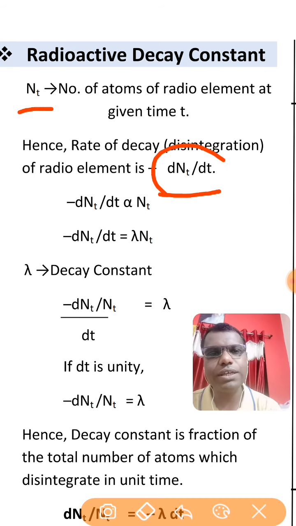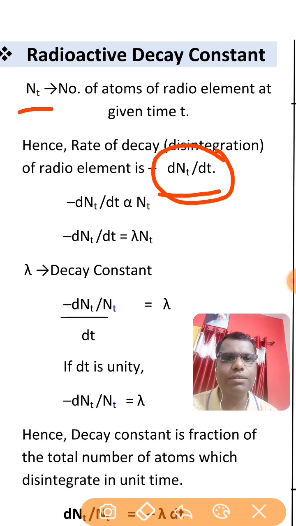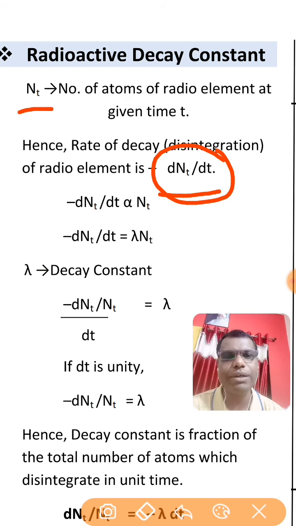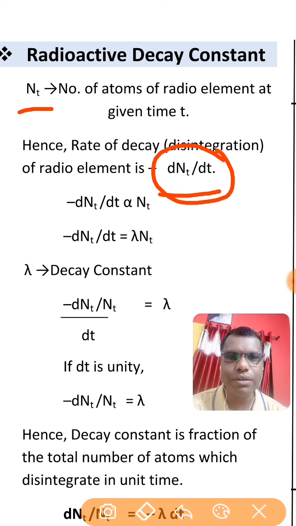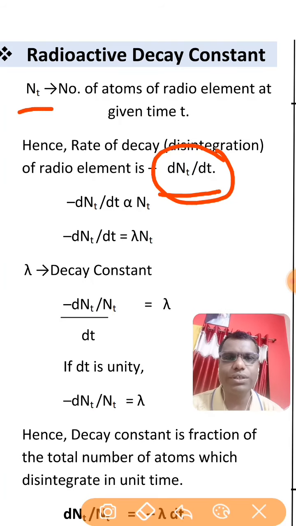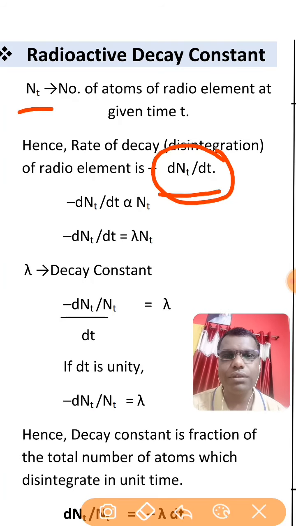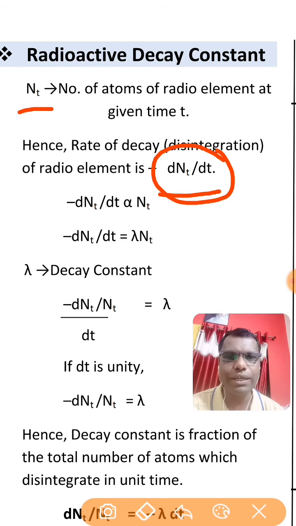This dNt is the change in number of atoms of radio element, and dt is the small change in time. So change in concentration to the change in time is called the rate of disintegration. The negative sign indicates the number of atoms of radio element decreases.